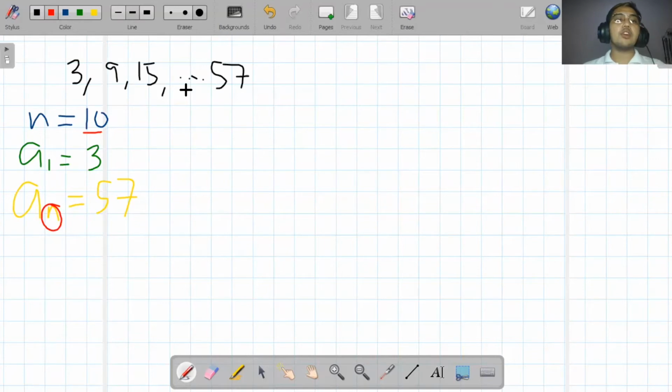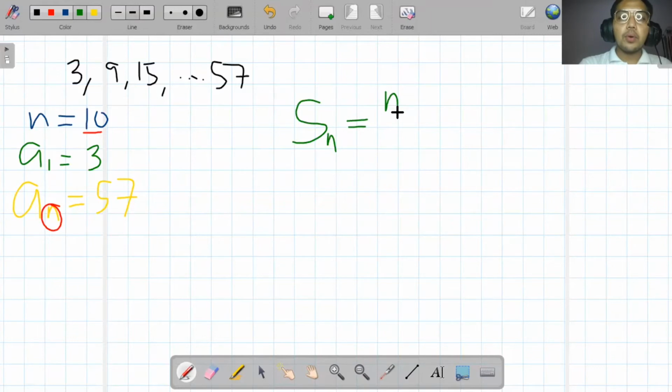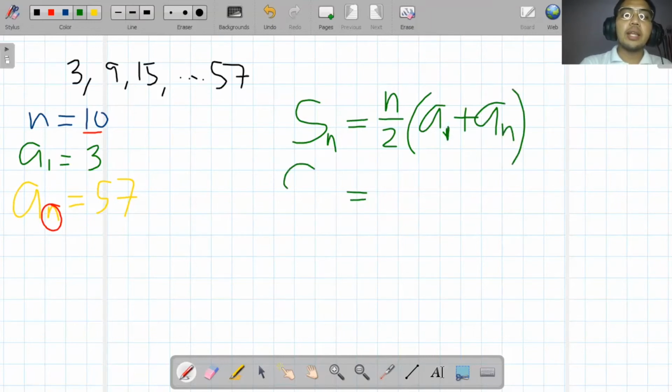The second formula, the shorter one, is S sub n equals n over 2 times a sub 1 plus a sub n.